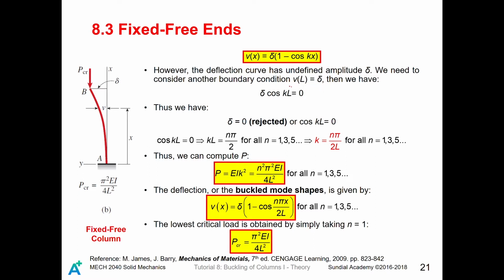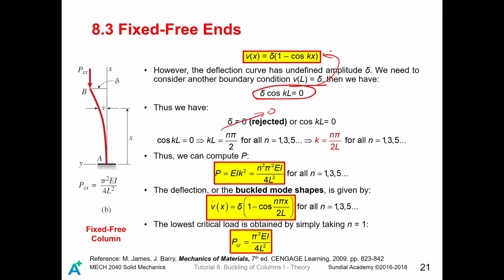Then, by putting this boundary condition into our results in the previous slide, we get delta cosine KL equals 0. By solving this, it is either delta equals 0 or cosine KL equals 0. But delta equals 0 is meaningless, we don't want to consider this case. So we are considering cosine KL equals 0.